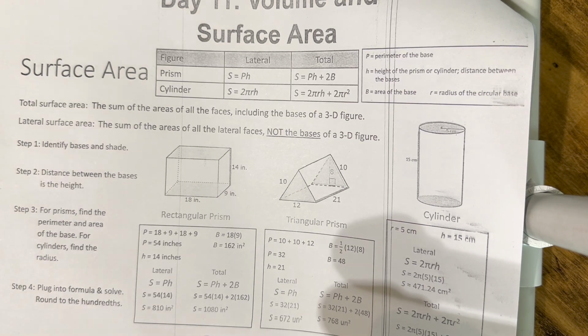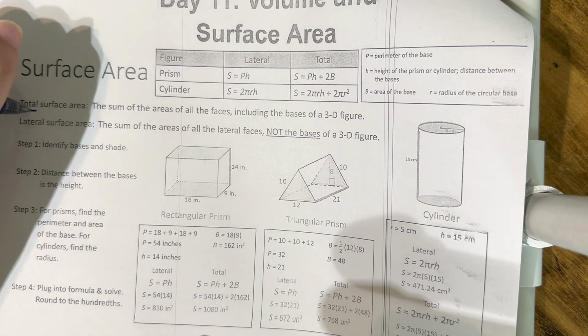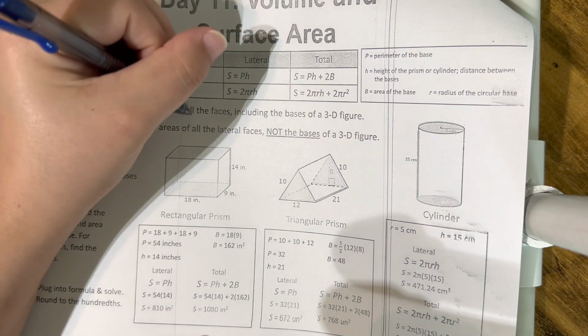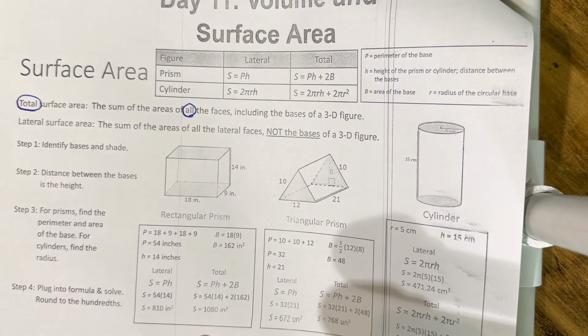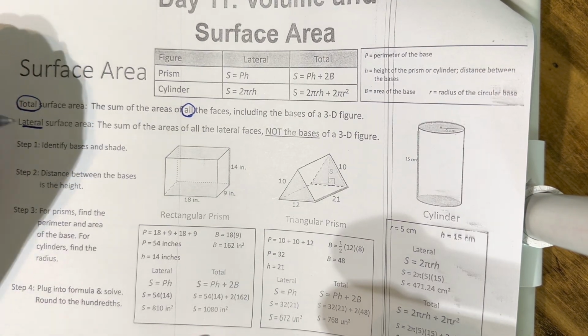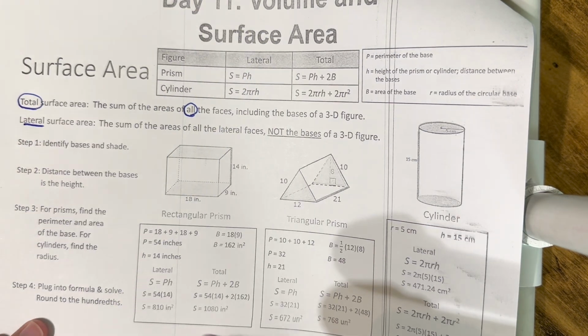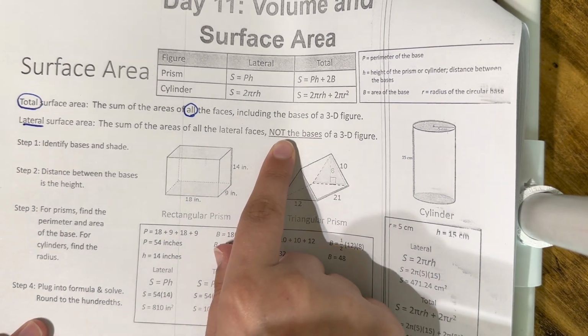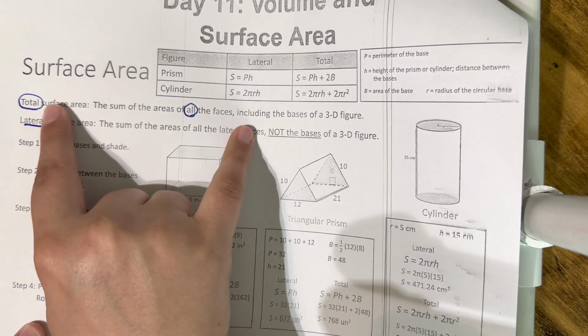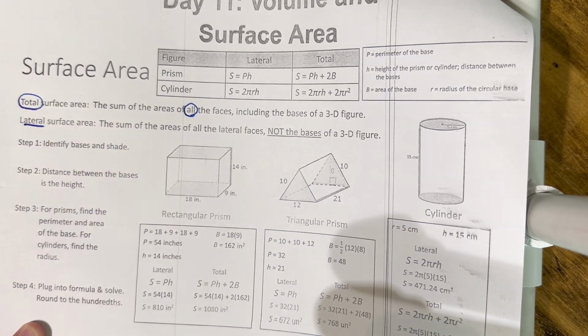There are 2 different types of surface area: total and lateral. Total surface area means the sum of all the faces, including the bases. Lateral surface area is the sum of all the lateral faces, but not the bases. So total includes the bases, lateral does not. That's the difference between the 2.